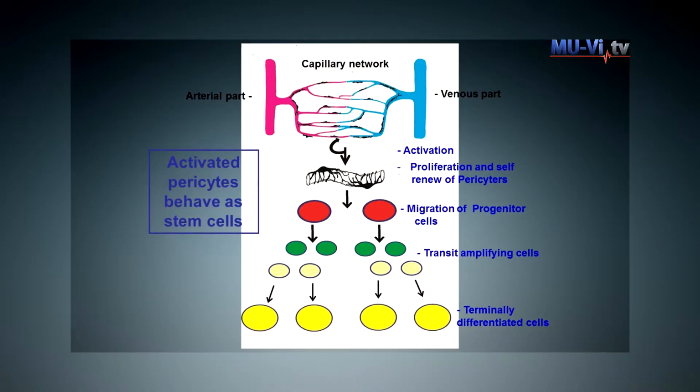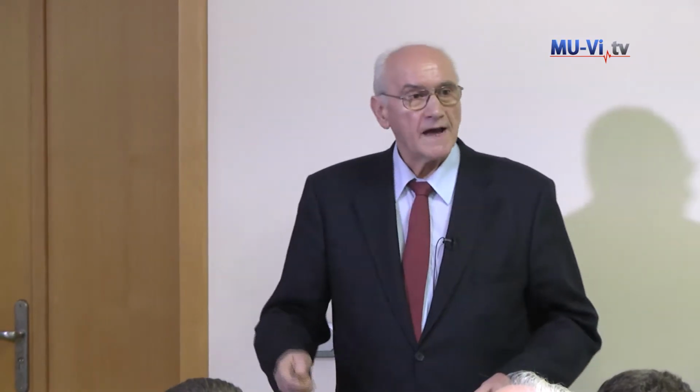This is the scheme which is characteristic for all stem cells. They follow this scheme to build differentiated cells. I would like to show you some experimental preparation.